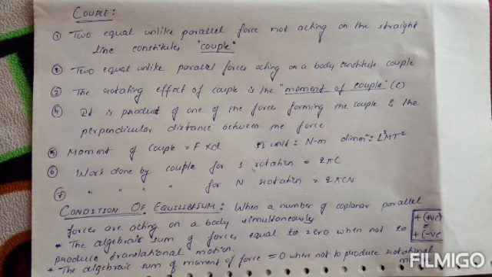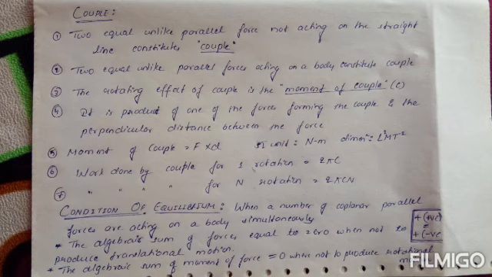Next topic is a couple. If two equal unlike parallel forces are not acting on a straight line, that constitutes a couple, or else two equal unlike parallel forces acting on a body also constitute a couple. Moment of couple means the rotational effect of a couple.